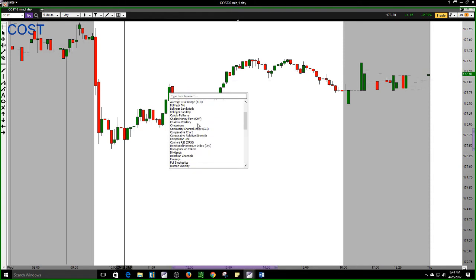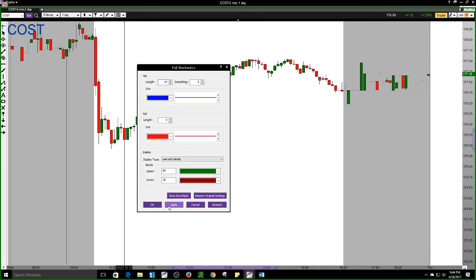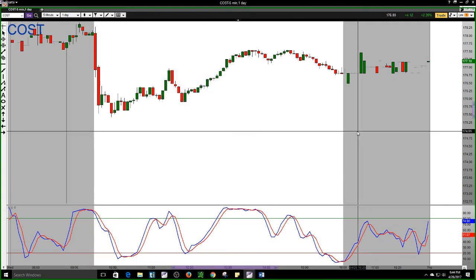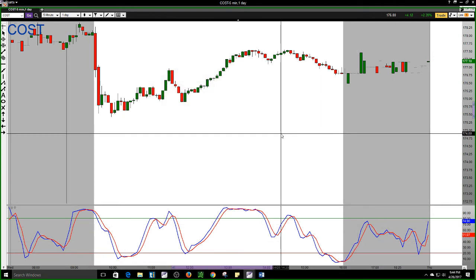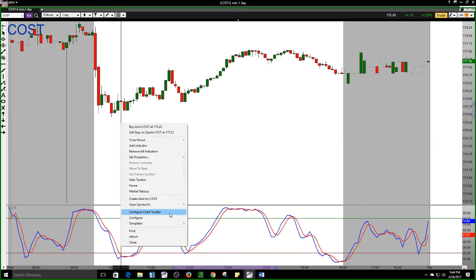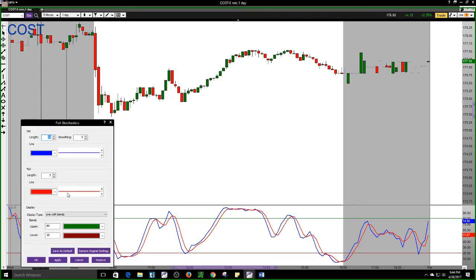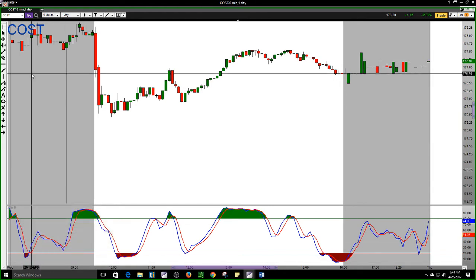So let's say you're using, okay, let's just go full stochastics. I'm just going to load the default stuff because there's no way for me to fine tune this right now. Lines with bands, lines with shadings. Okay. So every time your full stochastics goes hot, you short it.